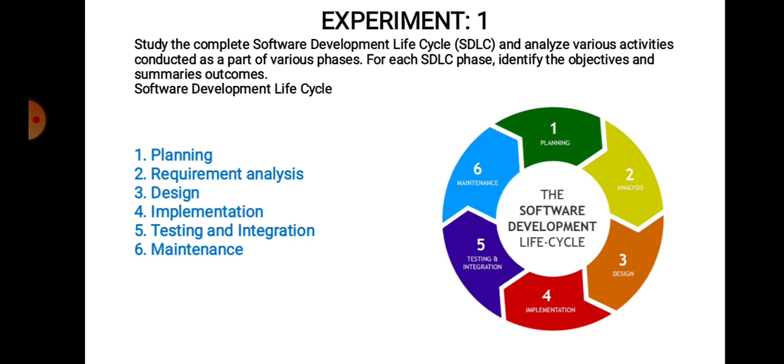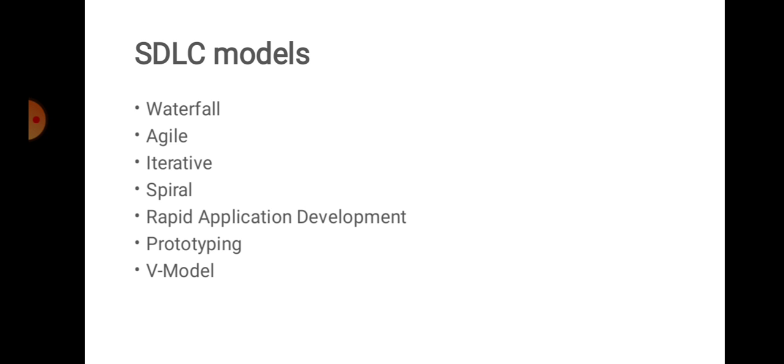For the software development lifecycle, there are various models. Here the software development lifecycle models covered are the waterfall model, agile model, iterative, spiral, rapid application development model, prototyping model and V model.